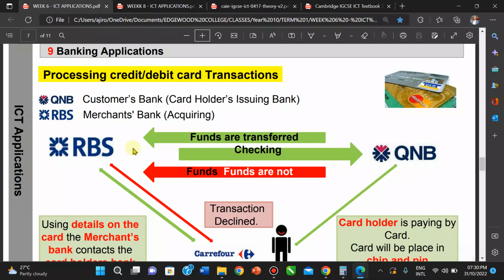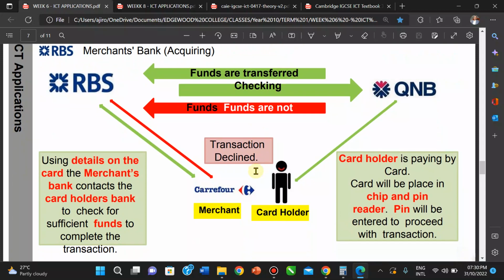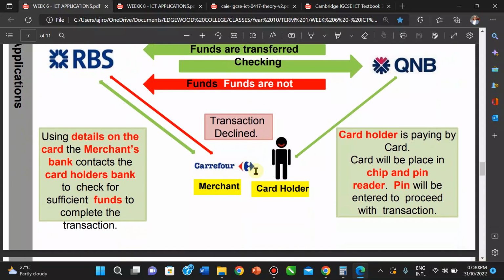Now, if the funds are not transferred, this is what happens. If there's a transaction decline: the card holder is paying by card, and the card will be placed in the chip and PIN reader. The PIN will be entered to proceed with the transaction. Now, using details of the card, the merchant bank contacts the card holder's bank to check for sufficient funds to complete the transaction.